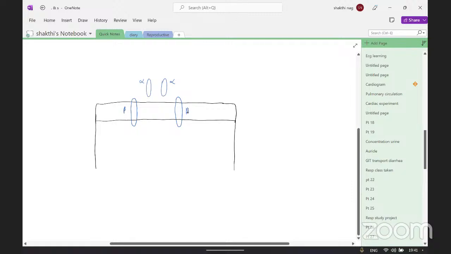So this is the structure of the insulin receptor. Now your insulin is going to come and bind to this.